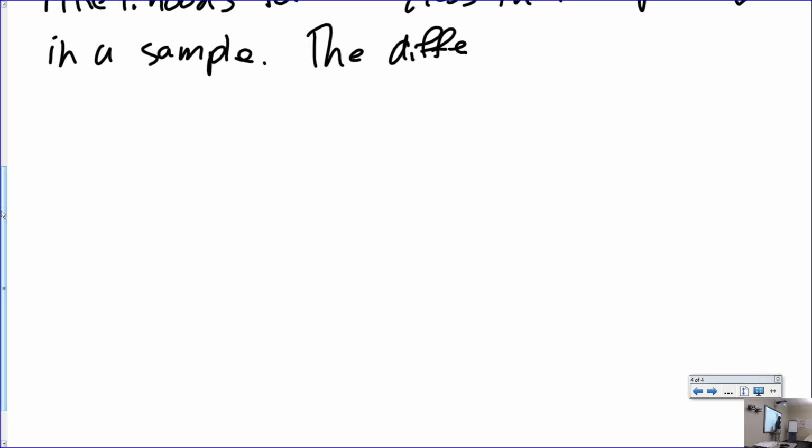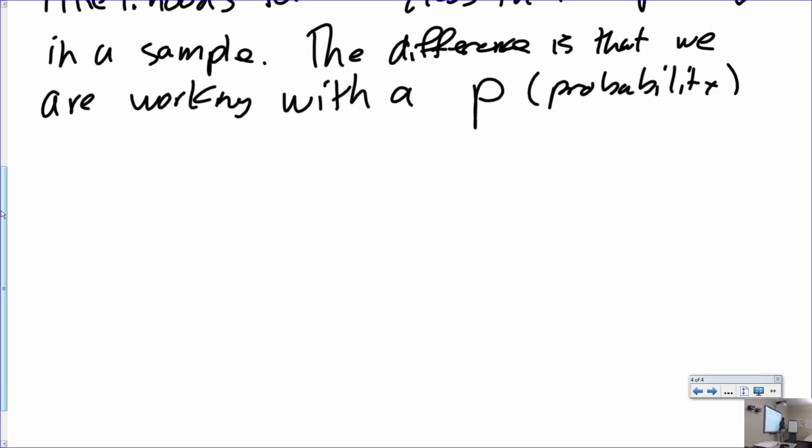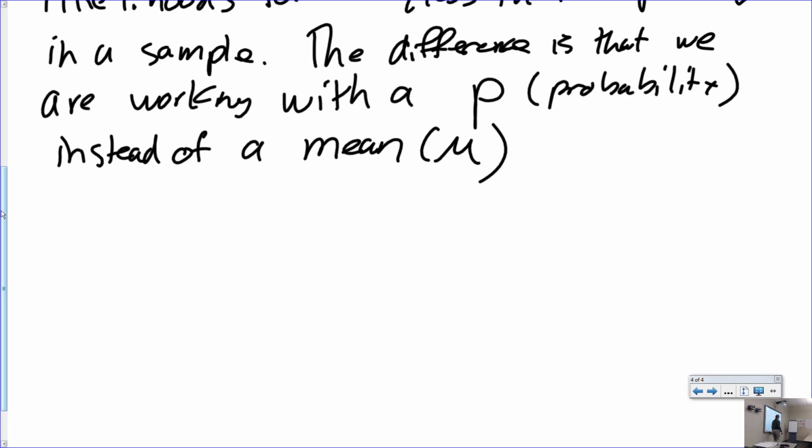The difference is that we are working with a probability p instead of a mean, a mu. But the concept is going to work roughly the same.